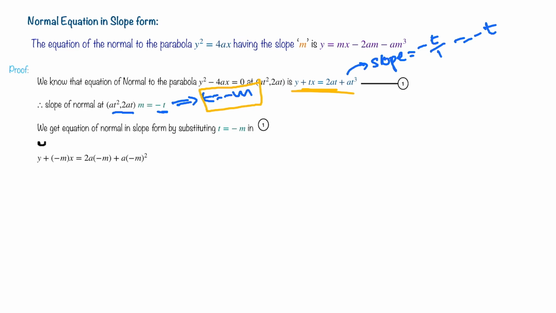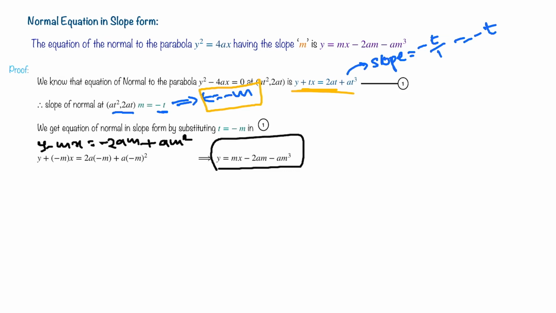This is y minus mx equal to minus 2am plus am square. By taking minus mx to the right side, I can rewrite this equation like this: y equal to mx minus 2am minus am cube. This is the equation of the normal to the parabola in slope form.